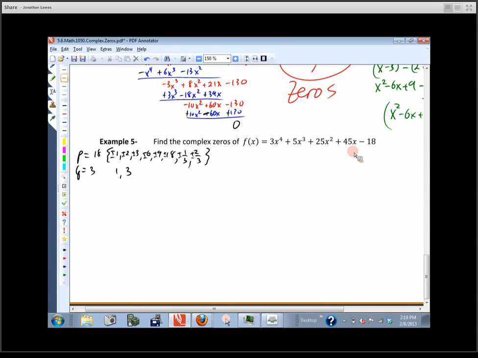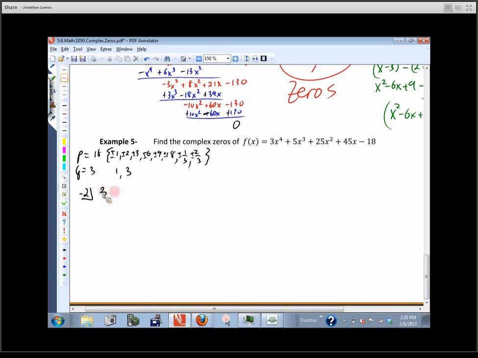That's worth it. We probably ought to check it using synthetic division, because if you think about plugging in a negative 2, you're going to do a lot of calculations to see whether or not it works by plugging it in. If it does, you're going to have to do synthetic division anyway to produce the depressed polynomial. Got it? Okay, so let's check negative 2.